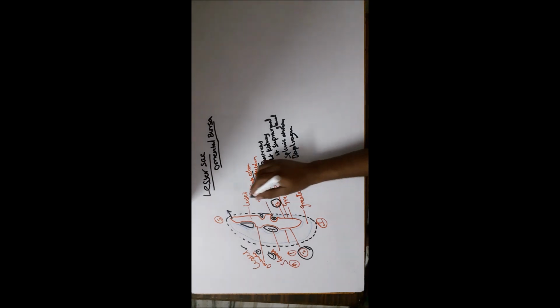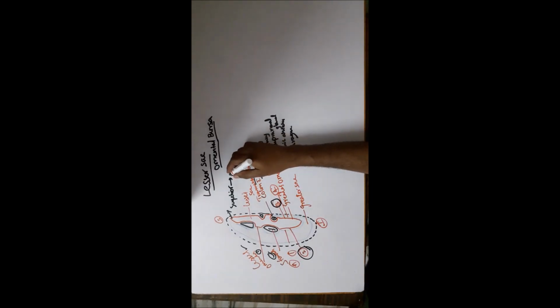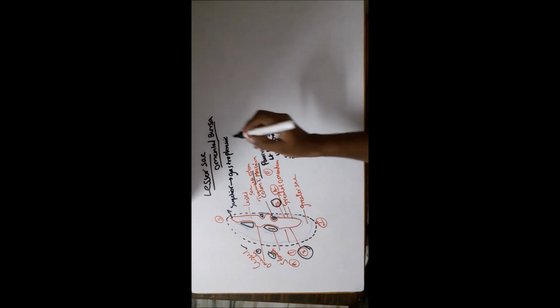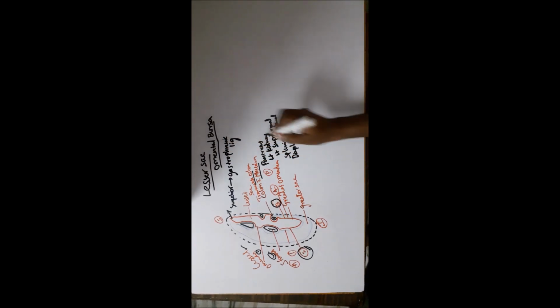Apart from that, in the superior border, along with that reflection of the peritoneum from the diaphragm onto the liver, we have one more thing, that is the gastrophrenic ligament, which is between the stomach and the diaphragm.